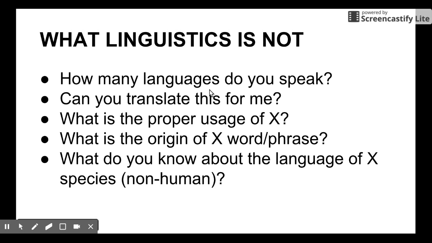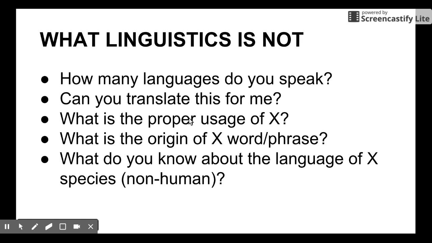We don't want to know how many languages you speak. Can you translate this for me? What is the proper usage of some linguistic expression, some sentences? What is the origin of some word or some phrase? The language of some non-human species, and you have to add quotation marks for the word language there.